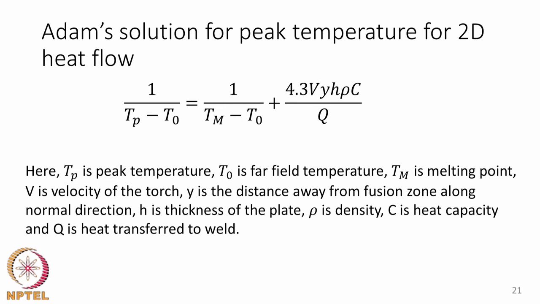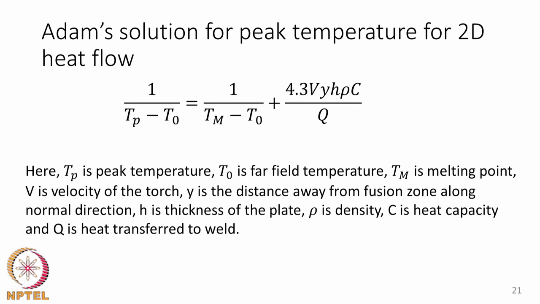You can see that the solutions are available for 2D, and the peak temperature is given as a function on the right hand side, where the melting point also comes into the picture, and the various parameters we are using in the expression are listed here. Tm is the melting point, T0 is the far field temperature, V is the velocity of the torch, Y is the distance away from the fusion zone in the normal direction, H is the thickness of the plate.